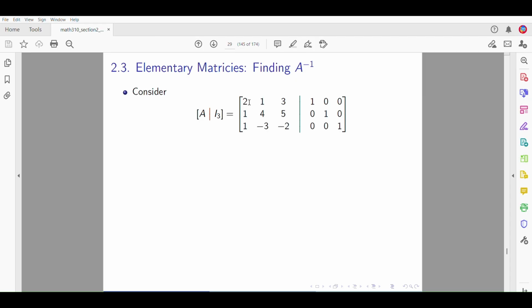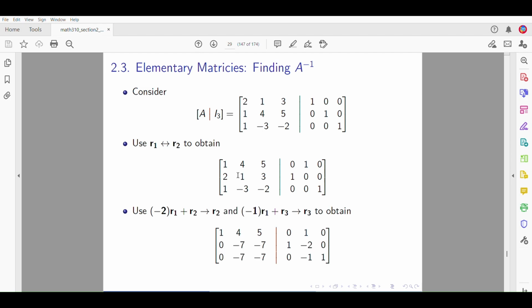I want a 1. Interchange row 1 and row 2. I brought row 1 up, row 2 down. Now I want a 0 here and a 0 here. So negative 2 times row 1 plus row 2, and negative 1 times row 1 plus row 3. You do this business throughout.